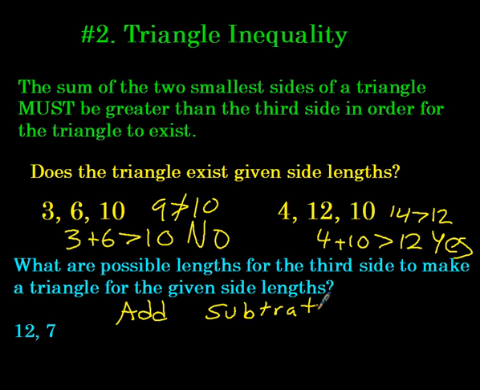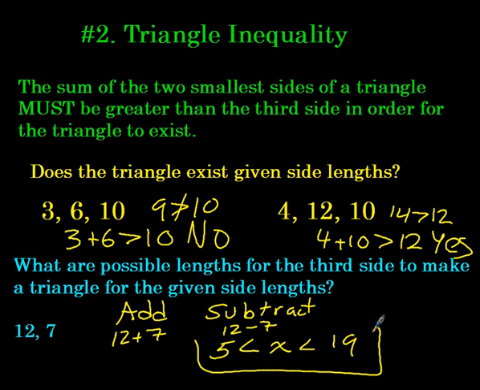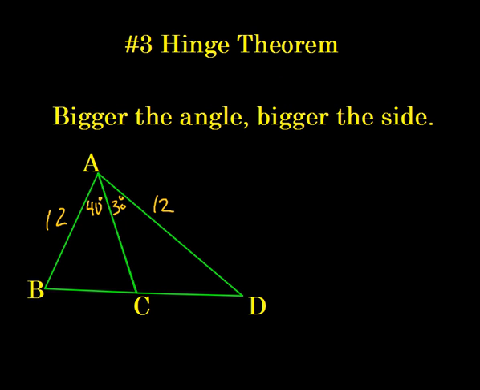When I add these together, 7 plus 12, that gives us the larger side, 19. And remember, we want to write this as a compound inequality. When we subtract, we get 12 minus 7, which is equal to 5. So possible side lengths there would be any number between 5 and 19.